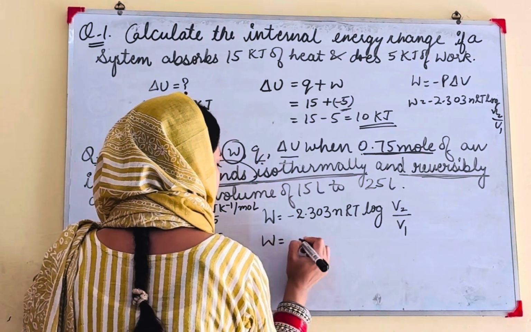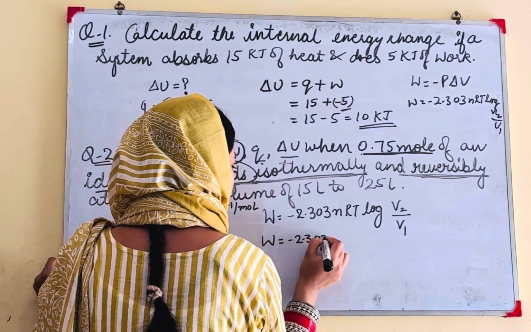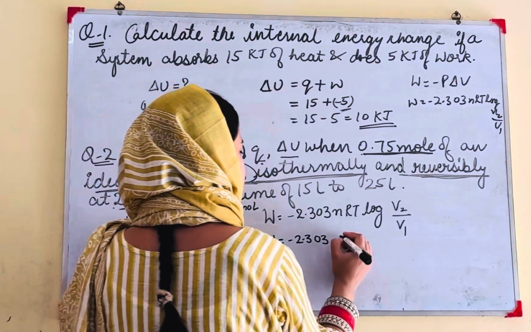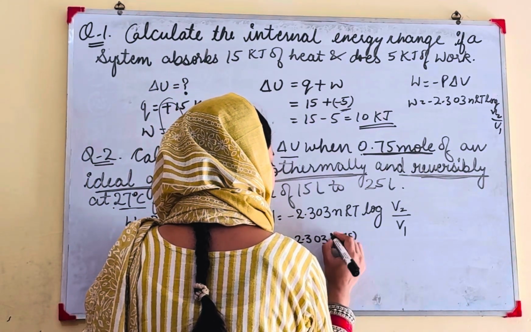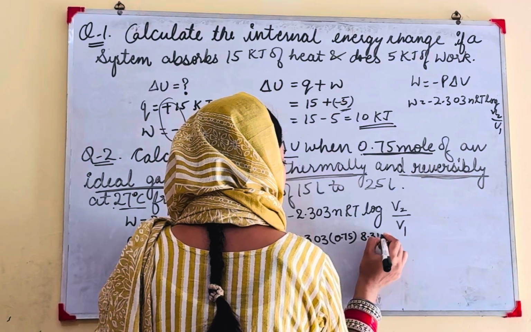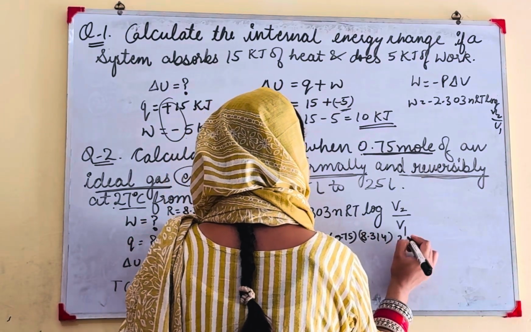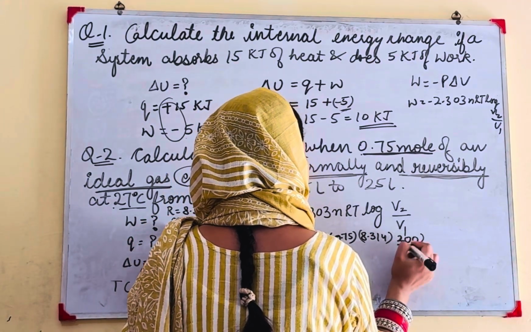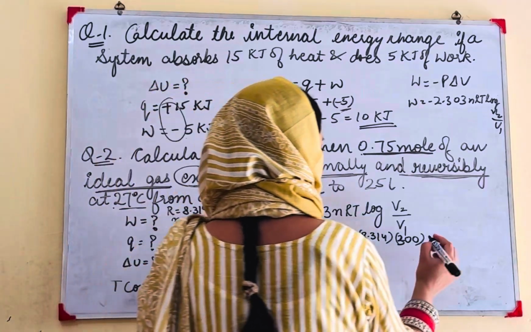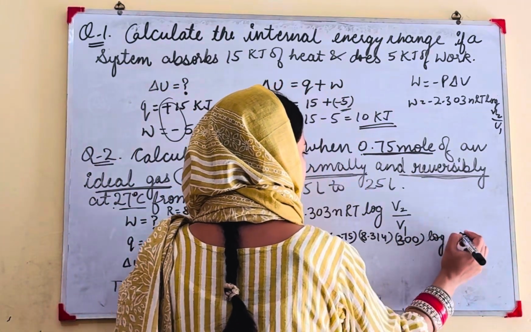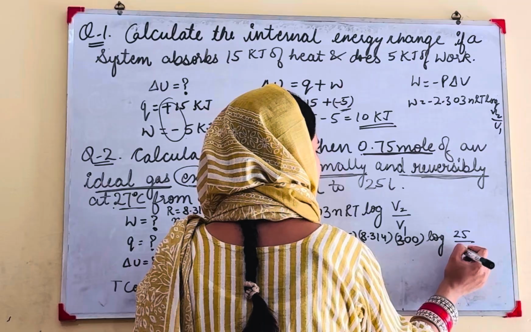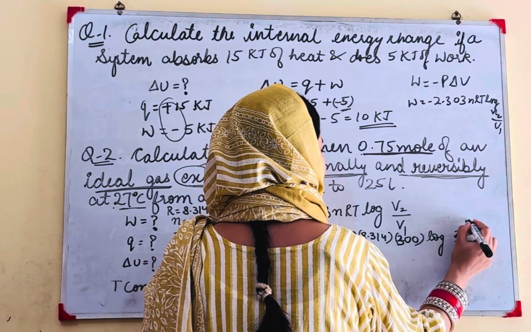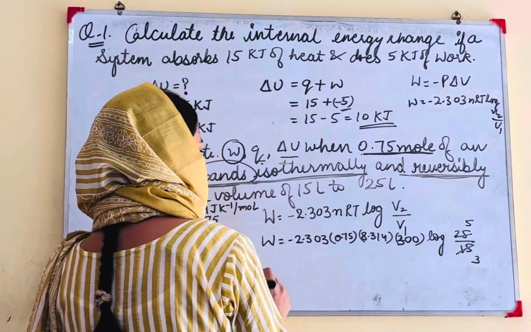What will you get? Minus 2.303, n is 0.75, R is 8.314, T is 300, and then log of V2, which is 25, by V1, which is 15. You can also write it as 5 by 3.